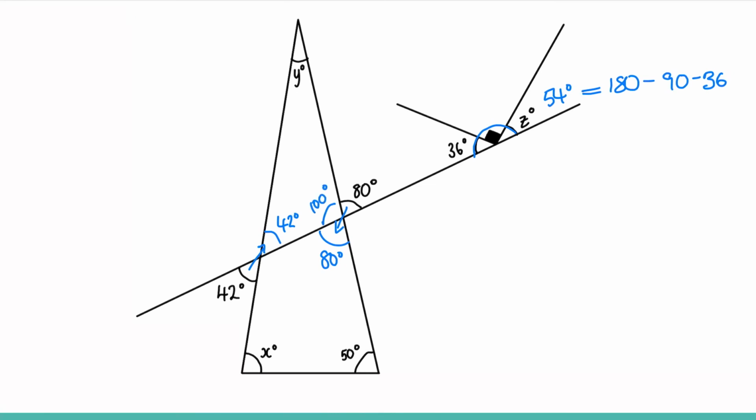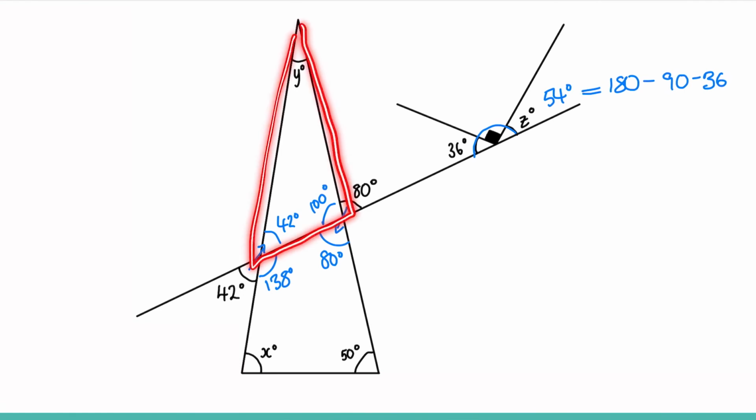And I could do similar on this side. So these would add up to a semicircle, and therefore 180 minus 42 is going to give me this angle here, which is 138 degrees. Now that I've done that, for the top one, for Y, I know that the shape there is a triangle.